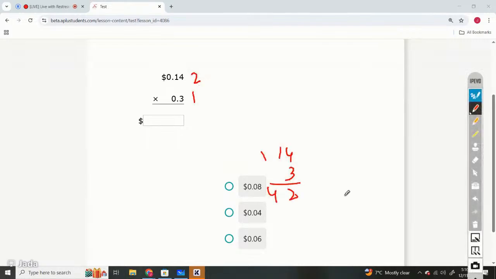So the answer must have three decimal places. So 1, 2, add a 0 and then move the decimal point over here. So that is 0.042. Option number 2 is the correct option.